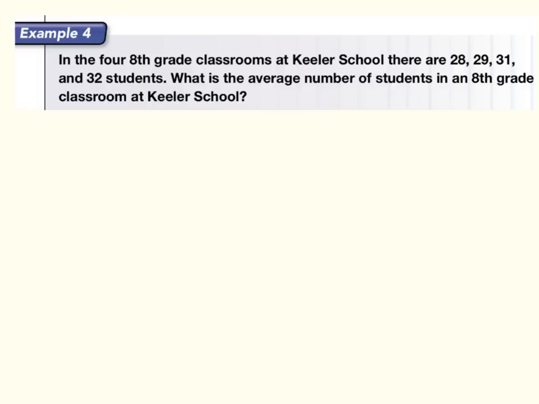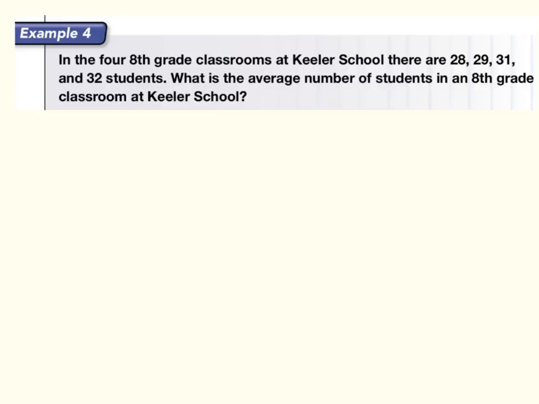All right, and you've done average, hopefully, many, many times. So example 4 is just an average problem. It says in 4 8th grade classrooms at Keeler School, there are 28, 29, 31, and 32 students. What is the average number of students in the 8th grade classroom at Keeler School?